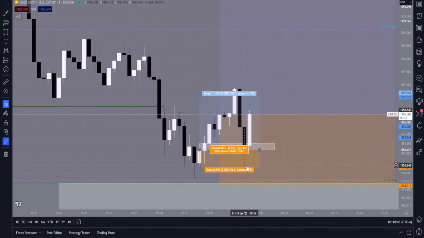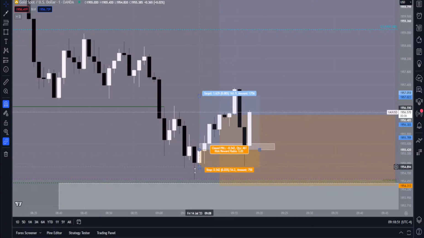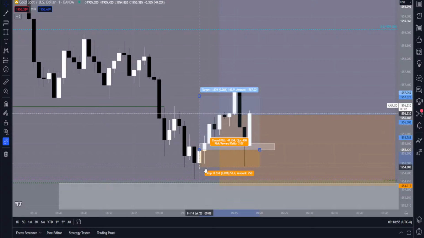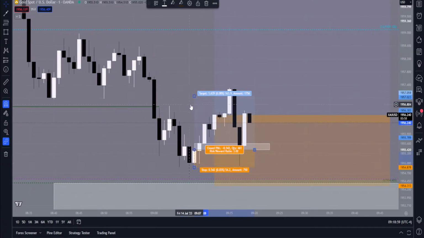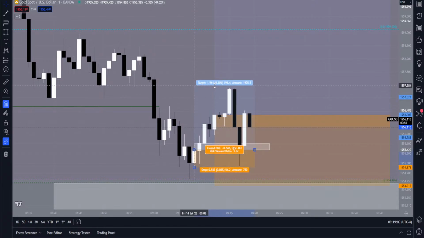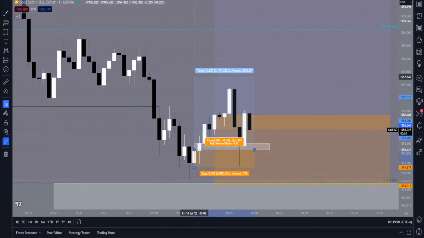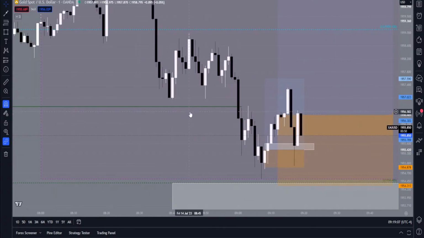It looks like it would have almost come down to hit your stop, but because you use a pip below this, it wouldn't have hit you, and 4R would be up here. So let's see if it does come up and hit 4R on this trade as well.